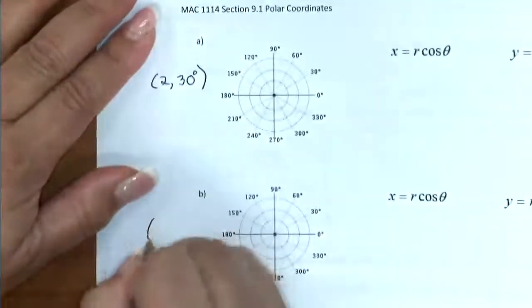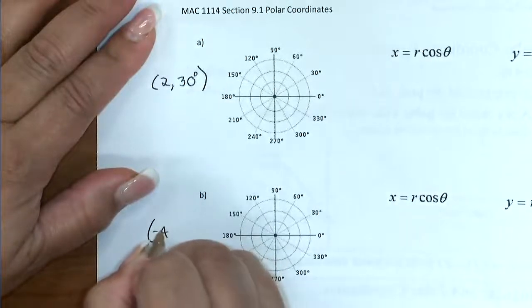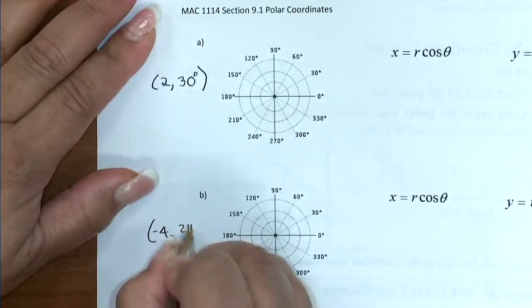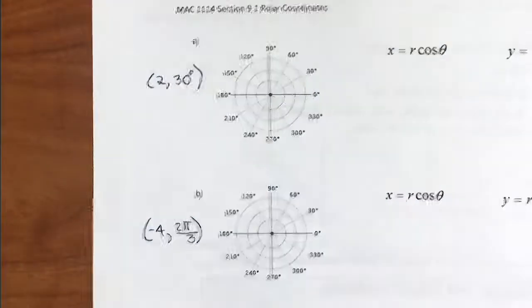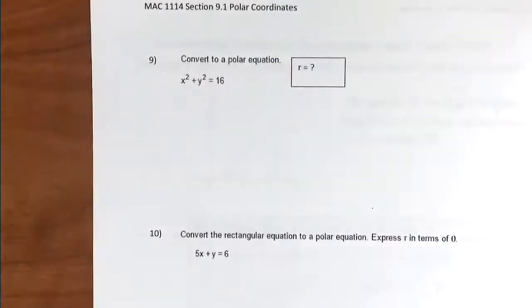Negative 4, 2 pi over 3. Let's see, what else we got? I gave you 4 grids there, but I really only have 3 points for you to plot.